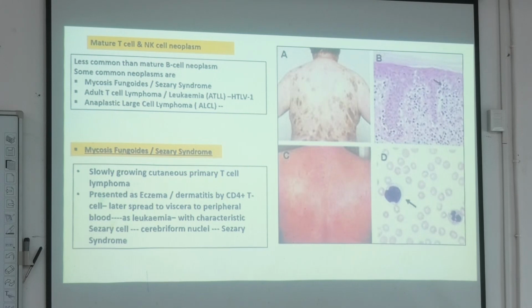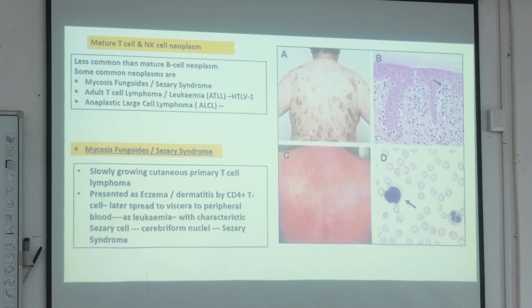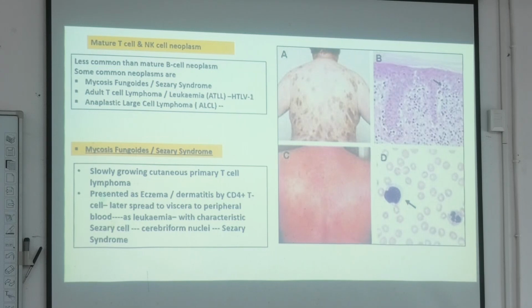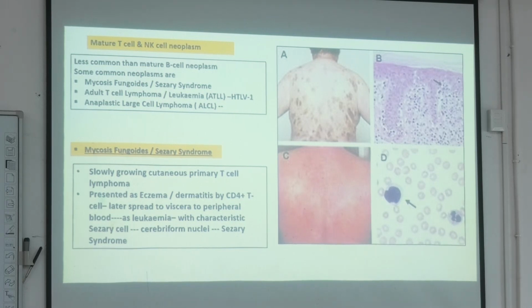B cell lymphomas affect the lymph node as well as extranodal sites, but T cell lymphoma produces eczema-like features in the skin and is called Sézary syndrome or mycosis fungoides. When the lesion enters the peripheral blood, the particular cell is called the Sézary cell and looks like this cerebriform architecture.